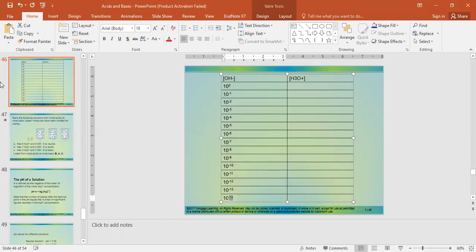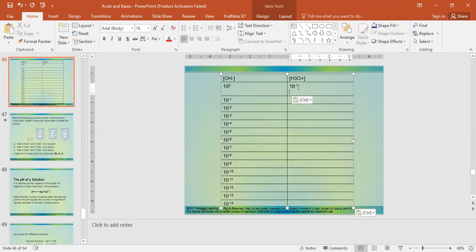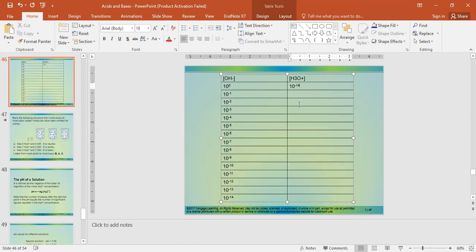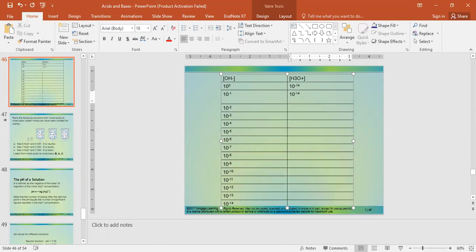Okay, let me explain. So if this is 2 power 0, then this must be 2 power negative 14. So here that has to be 2 power negative 14. Then this one is 2 power negative 13.